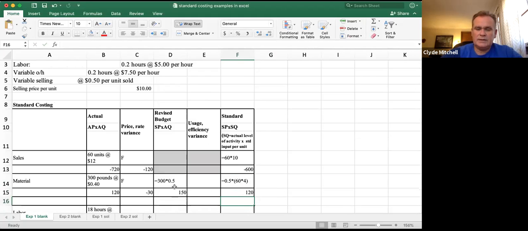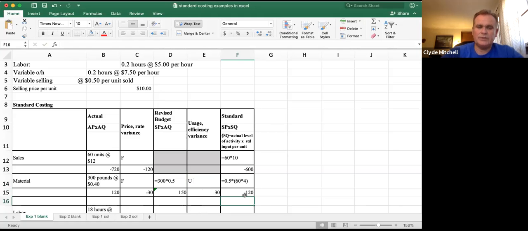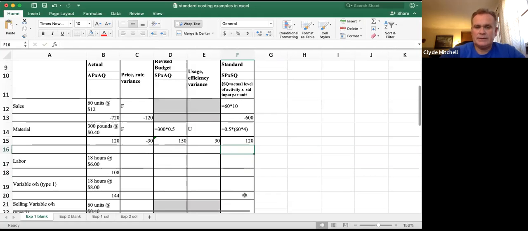Again, we'll take this side, which is what it is, and that side is what it should be, and we'll subtract the differences. We've got 150 minus 120, and we have got 30. This is unfavorable. Why is it unfavorable? Because our actual, which is this side, is bigger than what it should be, and it's an expense, and it's bigger, so we are unhappy with that.